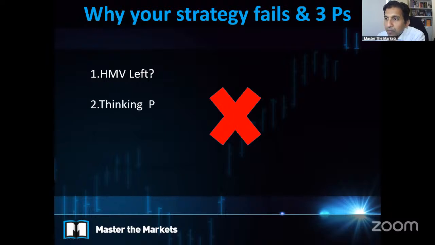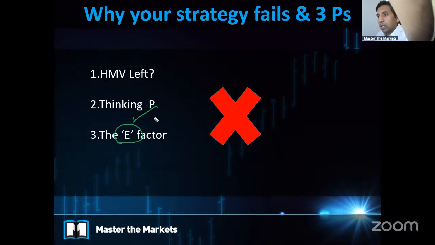The next thing is you don't think in terms of the P metric, which I'm going to be talking about as well. The other thing is that you don't know the E factor, which is very, very critical, and you don't know how to build strategies around the E factor. That's what causes all these issues.